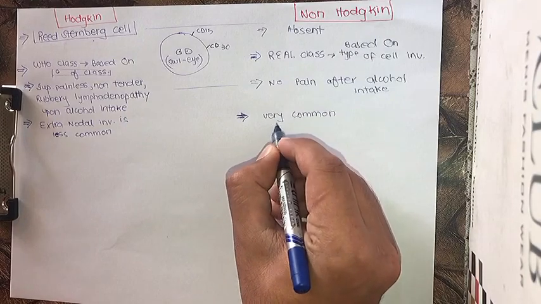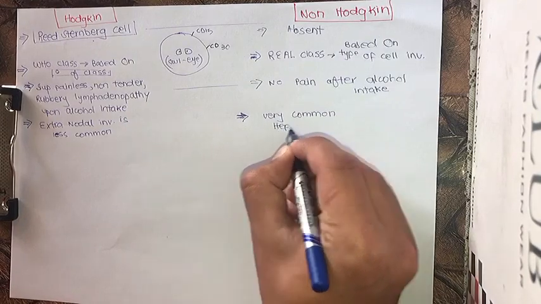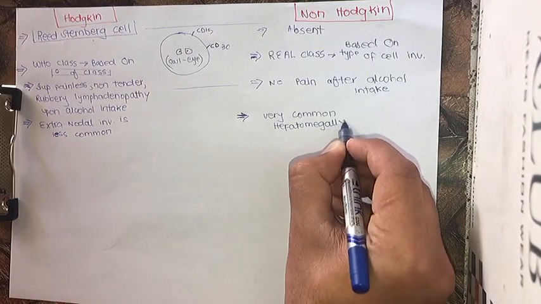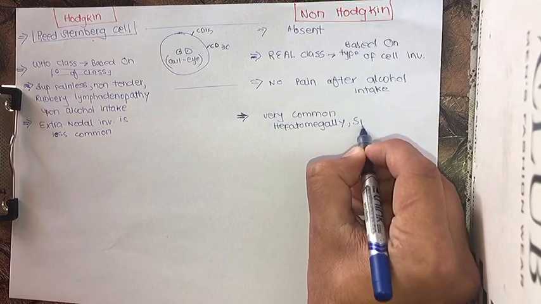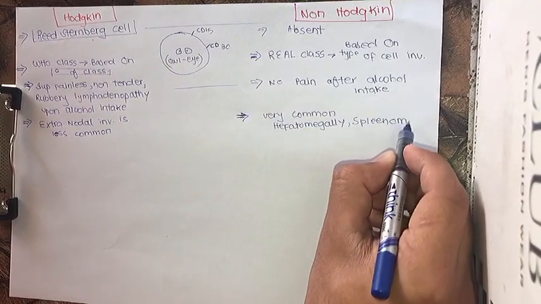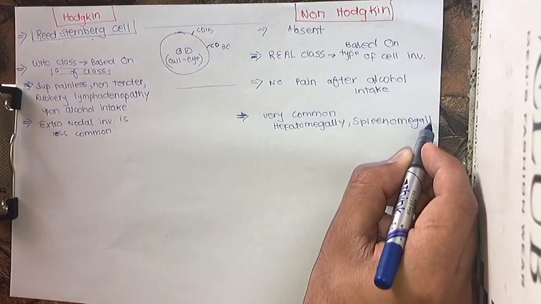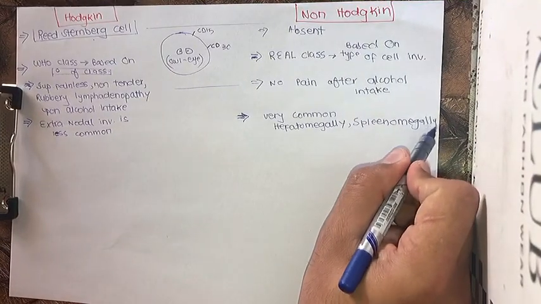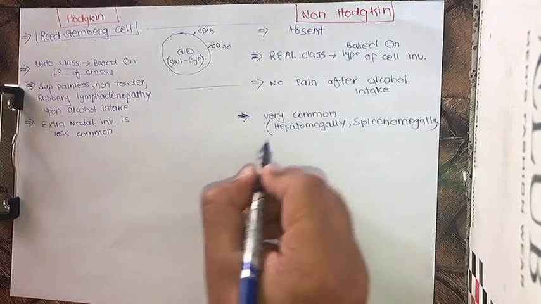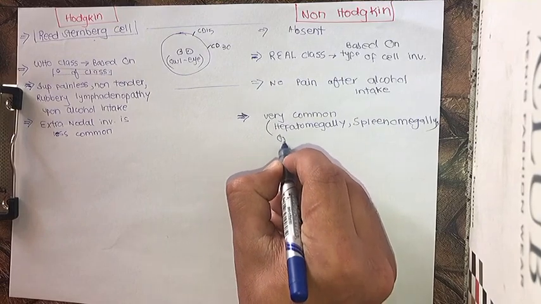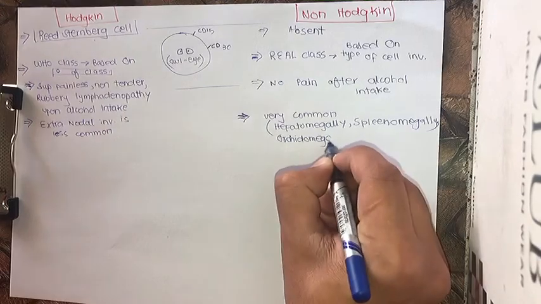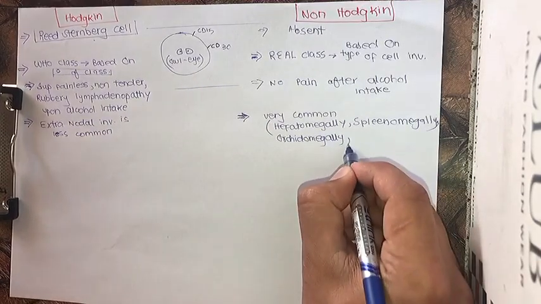For example, it can present with hepatomegaly, the liver; splenomegaly, as the spleen can be involved; and orchidomegaly, which is an enlarged testis.